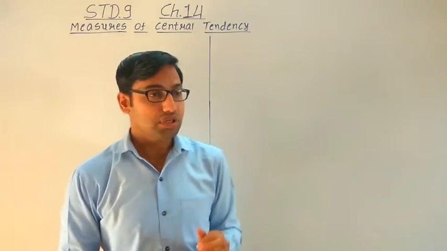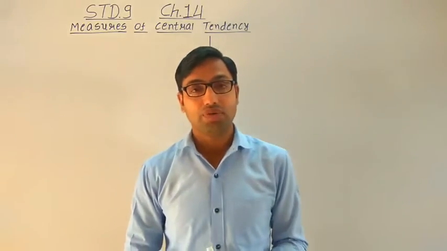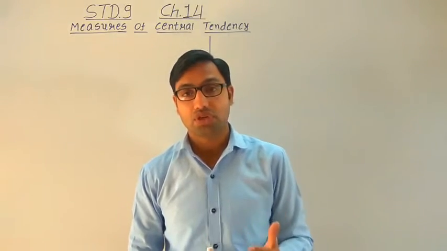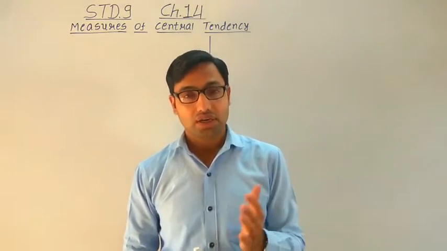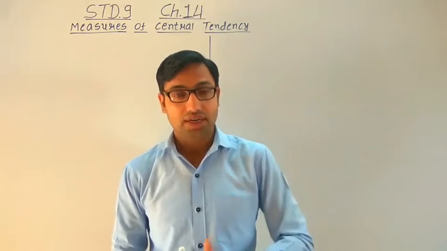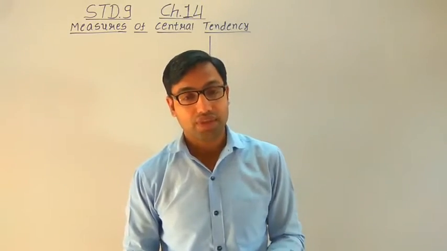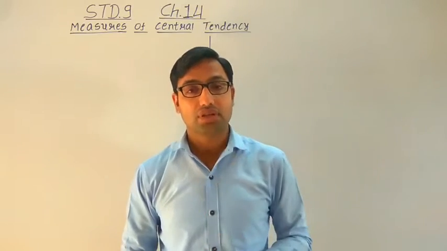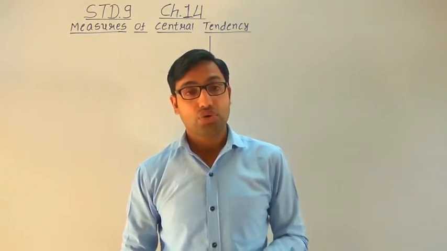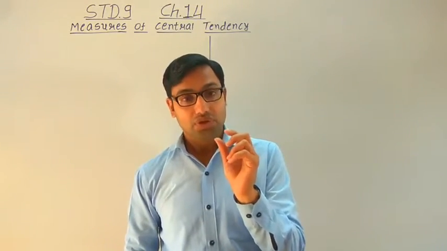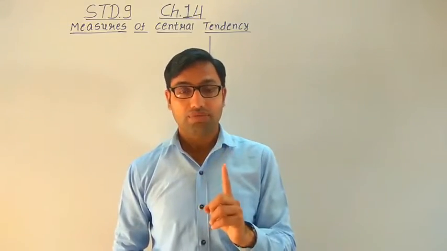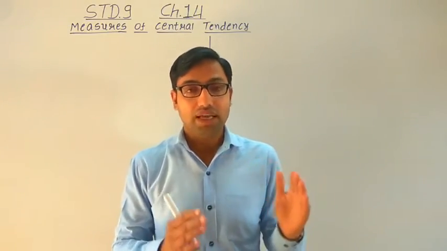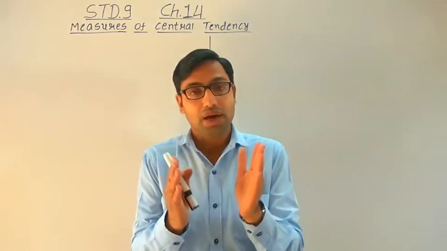Like suppose if we take an example of your marks, your percentage, right? In standard 7, in standard 8, whatever percentage you get, that is only one data. Suppose you get 18 percentage of the marks. So that 18 percentage is the only one figure by which anyone can think about the marks you have got.